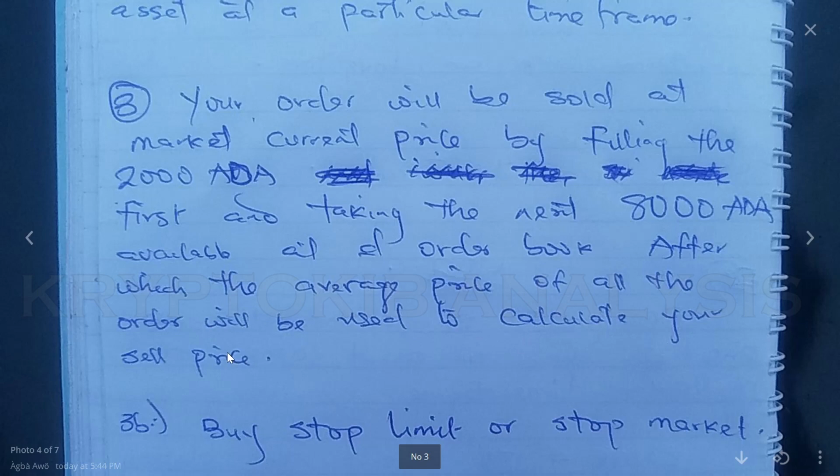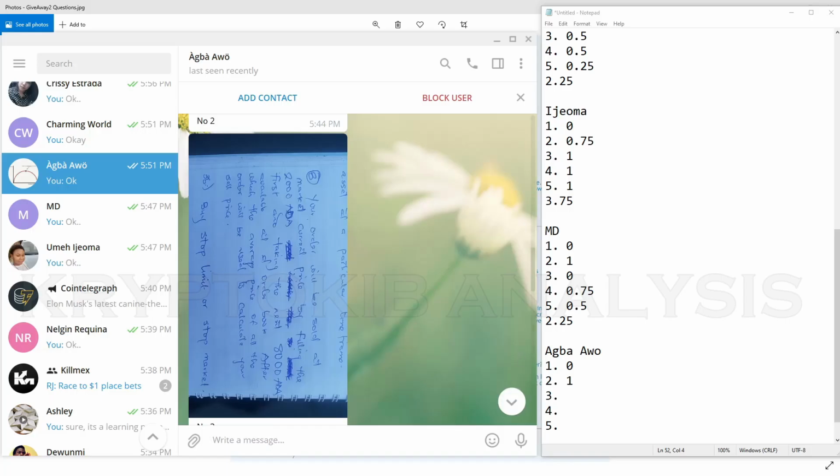So that's correct. Then buy stop limit, that's also stop market, that's also correct. So that one is a full point too.